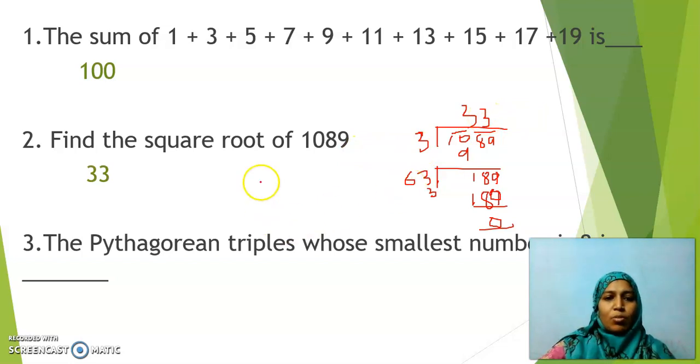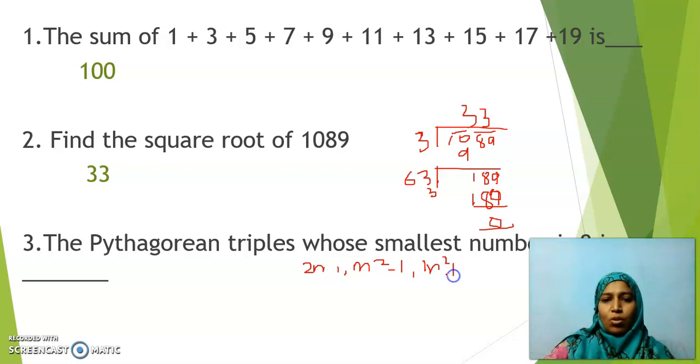Now the next question is the Pythagorean triplet whose smallest number is 8. What is the format of writing a Pythagorean triplet? We have the general form like 2m, m squared minus 1 and m squared plus 1. Hope you remember this. You can refer to your book.